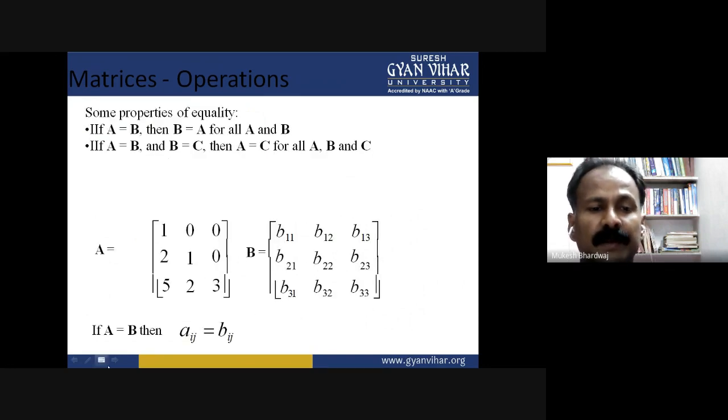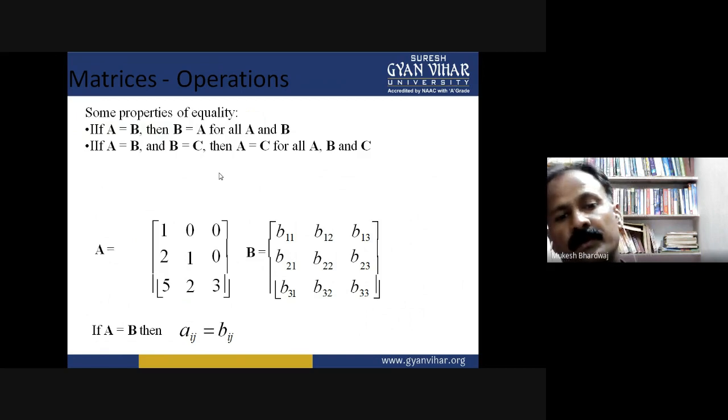Some properties of equality. If A equals B, then B equals A for all A and B. If A equals B and B equals C, then A equals C for all A, B and C. For example, A equals this, B equals this.